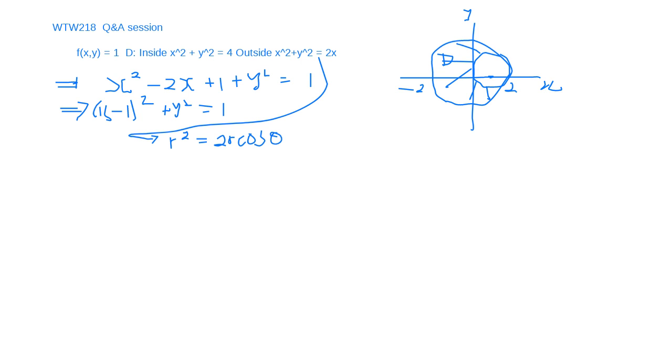Hope that's clear to everybody. Okay, and from that you can deduce r is not 0, you can divide by r and you get r equals 2 cos theta. It's not easy for me to write with this mouse. Okay, so r is 2 cos theta. That's the equation in polar coordinates of this smaller circle here.